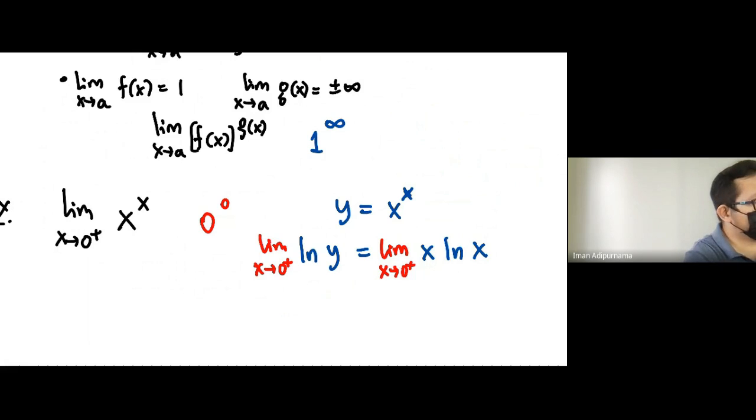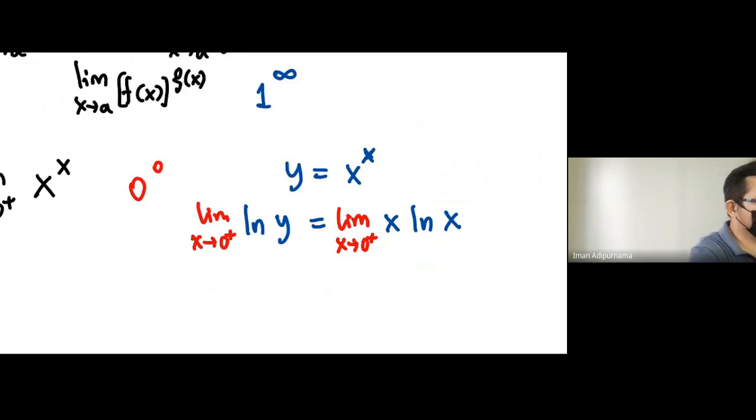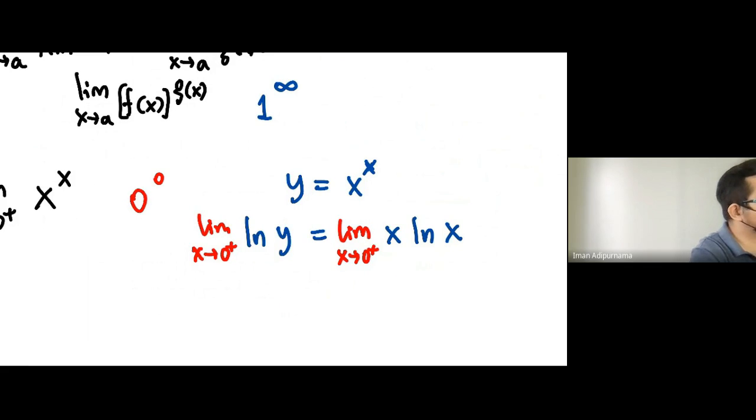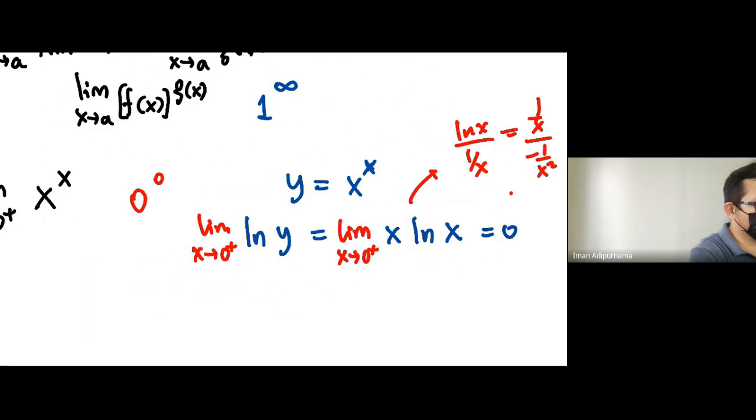Okay, we already done this before, right? The limit of this from previous one is 0, right? If you want to make some precise calculations, this will be ln x divided by 1 over x, and then L'Hopital rule, and they become 1 over x, and become negative x, right? So if we plug in 0, it will be 0. Okay? We already done that. So this ln y is 0, but it's not the final result.